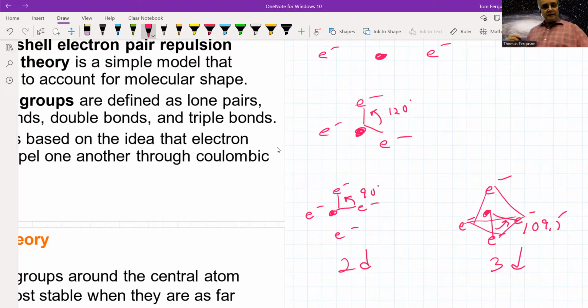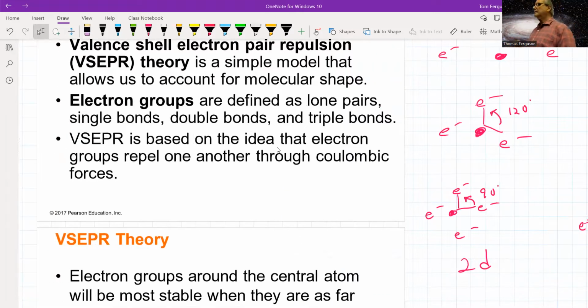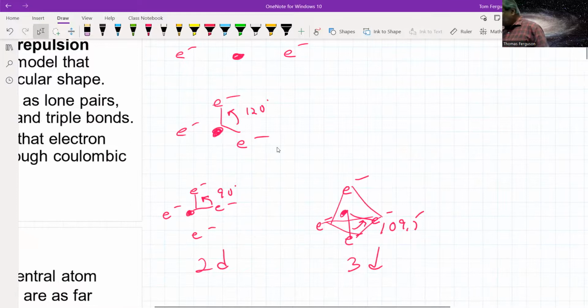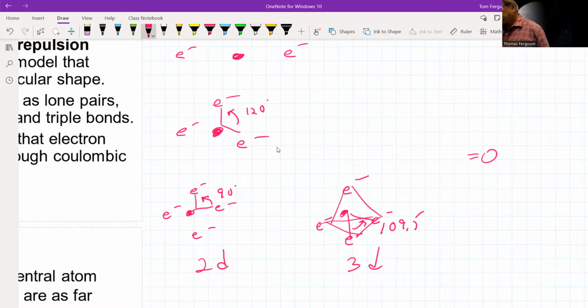Because Lewis had a problem with this. That's what Lewis projected for water. Linear. Water is not linear.